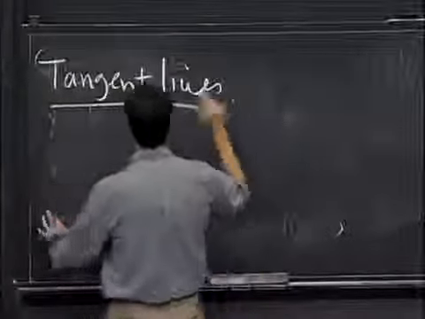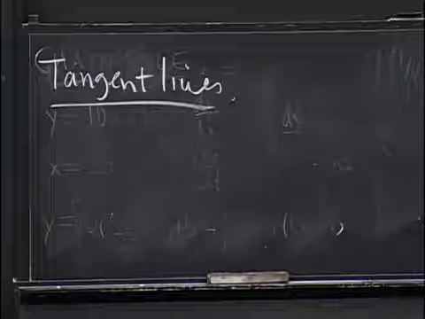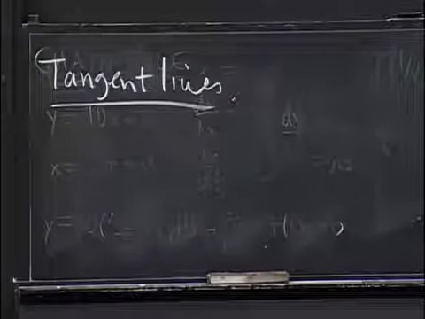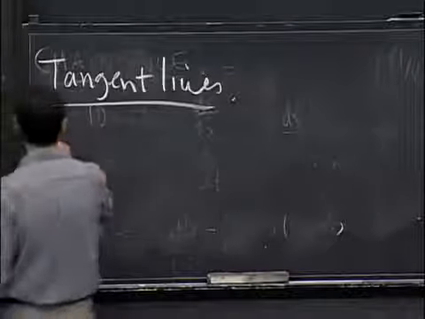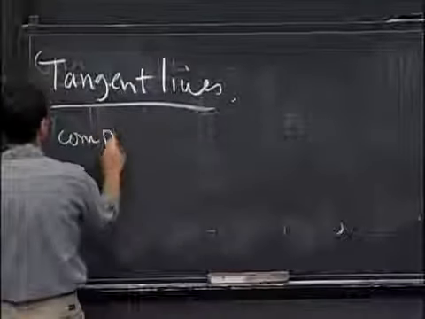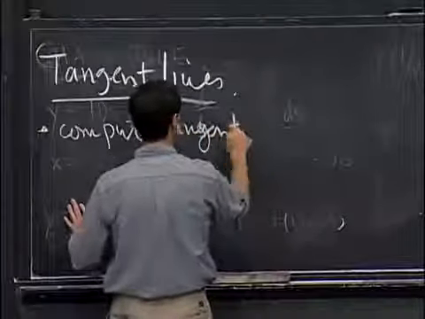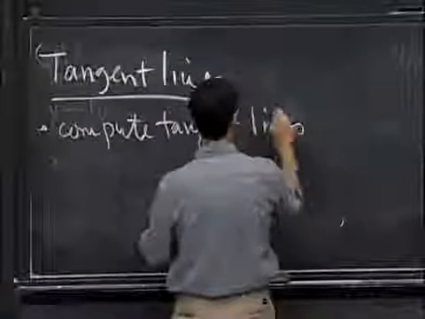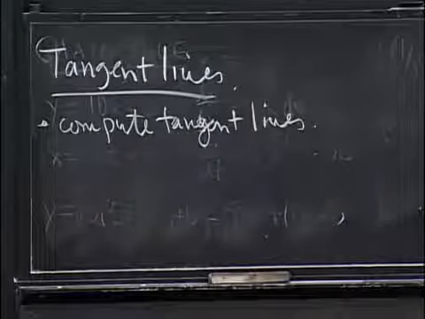All right, the geometric point of view of a derivative, and we'll be doing more of this in the next unit. So first of all, you'll be expected to be able to compute tangent lines. Okay, that's often fairly straightforward.